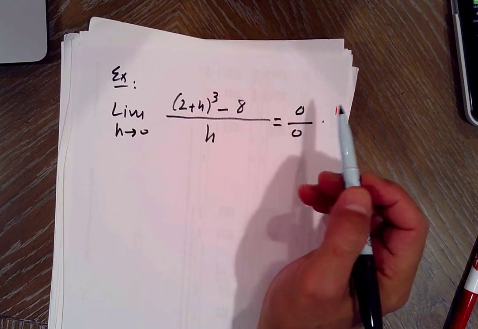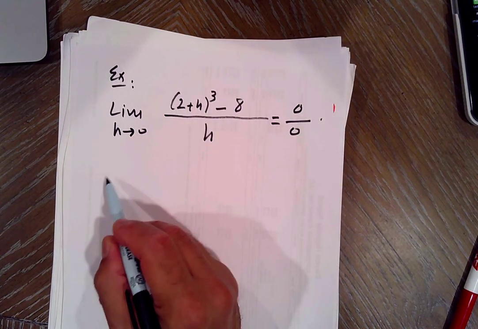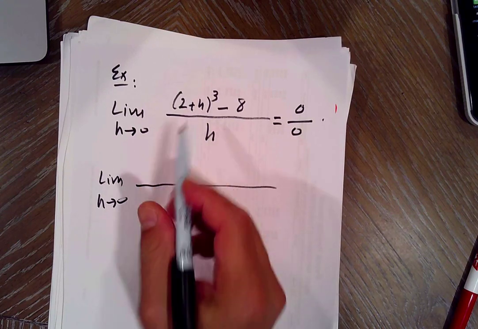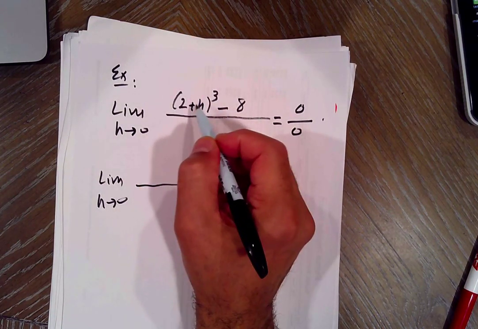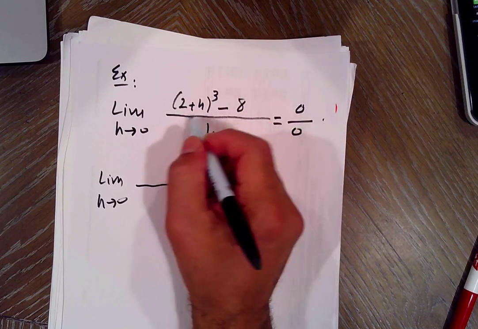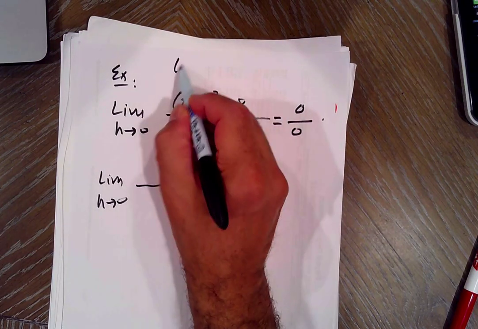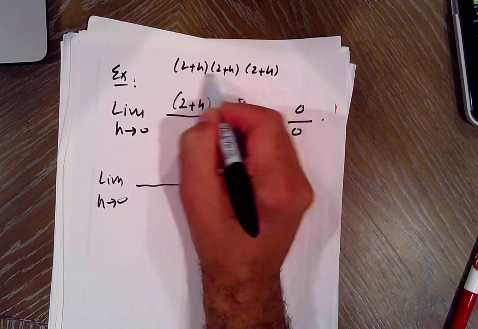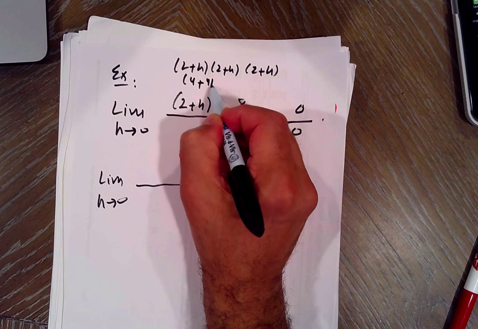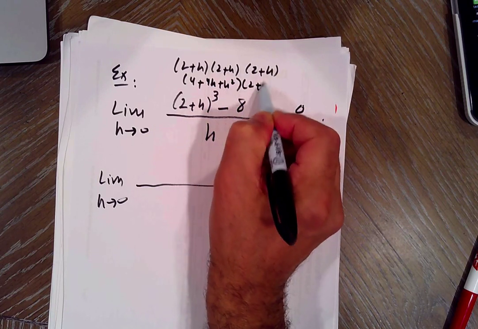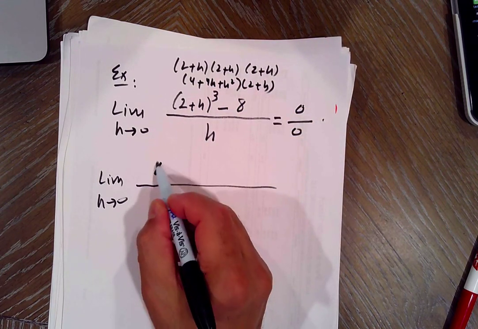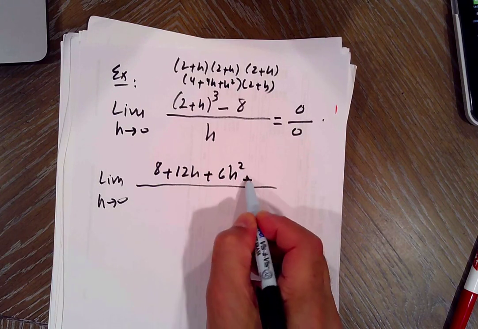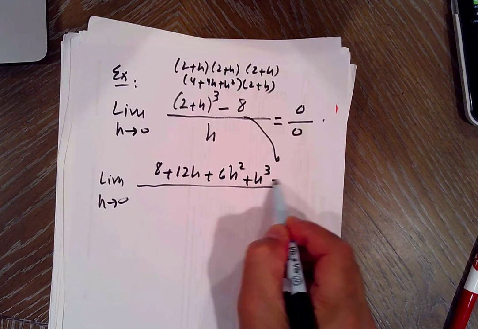2 plus h cubed is going to equal, so the limit as h goes to 0, if you either FOIL it or use the binomial theorem, you can do 2 plus h, 2 plus h, 2 plus h, which would be 4 plus 4h plus h squared times 2 plus h, and then if you work this out, it's going to be 8 plus 12h plus 6h squared plus h cubed, and then this minus 8.